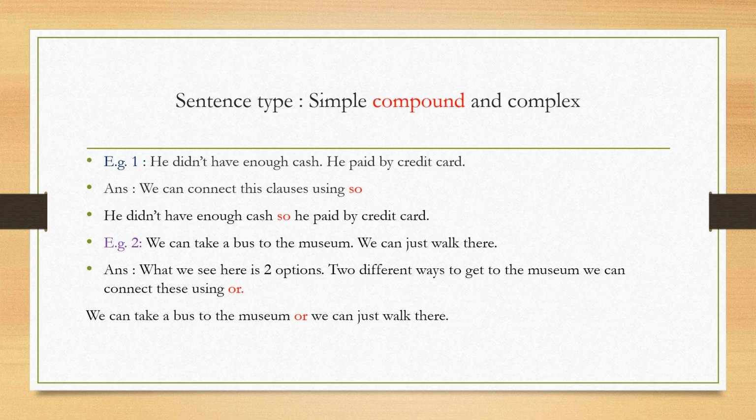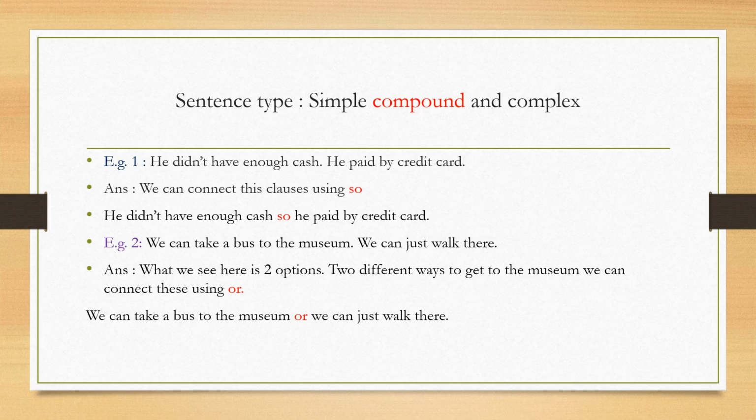There's a full stop there. And he paid by credit card. That is the second sentence. Both are independent sentences, neither requires the help of the other. When we connect these clauses, it becomes a compound sentence.